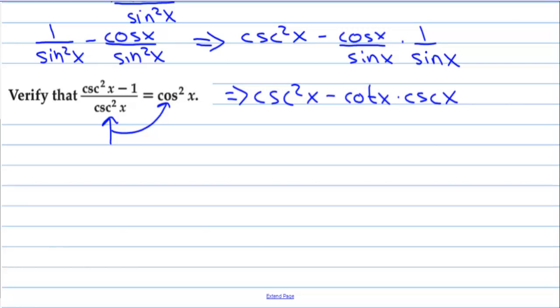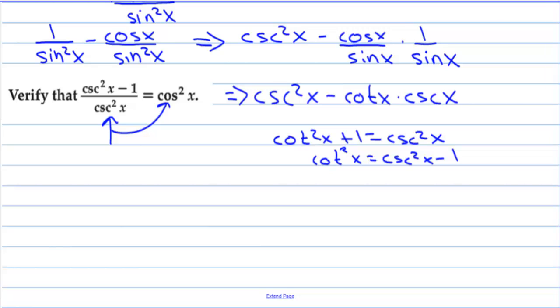We have a Pythagorean identity. The Pythagorean identity says cotangent squared of x plus 1 is equal to cosecant squared x. Tangent and secant go together. Cotangent and cosecant go together. So now if I minus 1, I get cotangent squared x equals cosecant squared x minus 1.